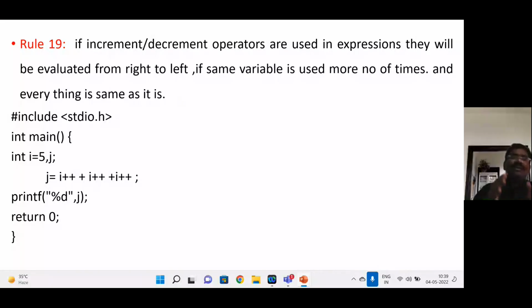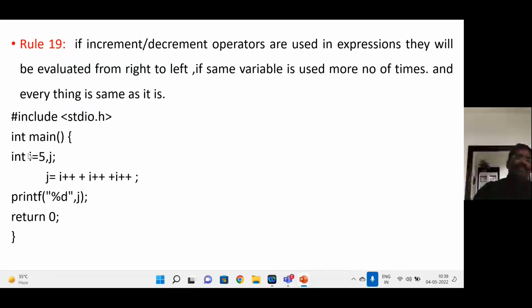Suppose the same variable is used in the expression with increment and decrement operators, then the evaluation should be from right to left. But actually in the assignment statement, the evaluation should be from left to right. But we are using the incrementation and decrementation from right to left.